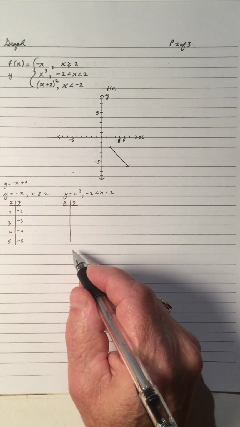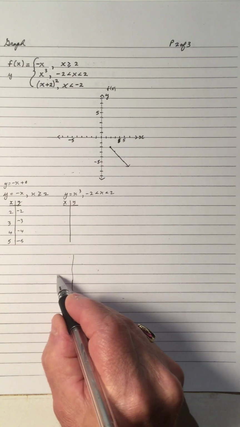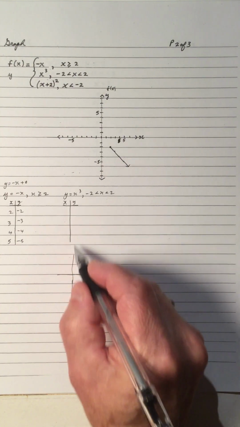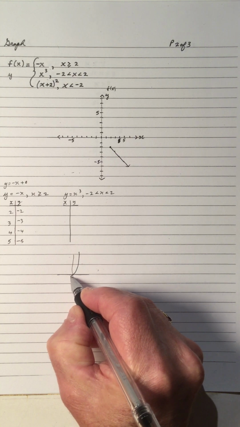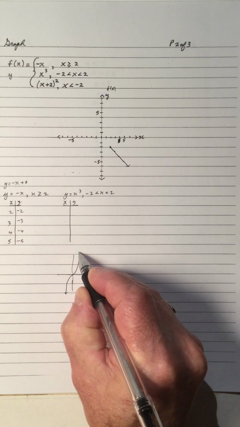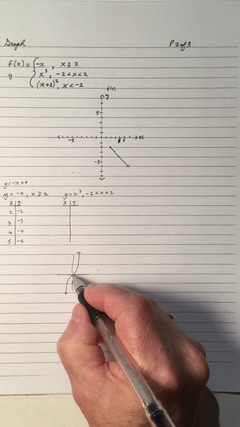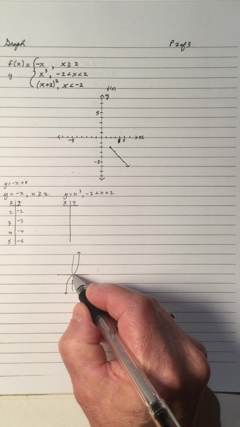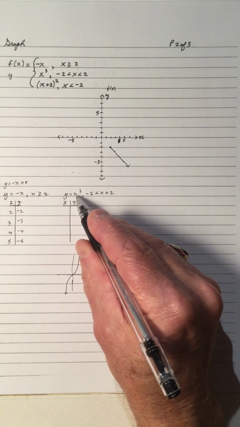Just to draw the x cubed, if you draw this grid, normally x cubed would be like this, coming down here and doing this. This is the basic graph for x cubed. It's going through the origin, coming down from here.